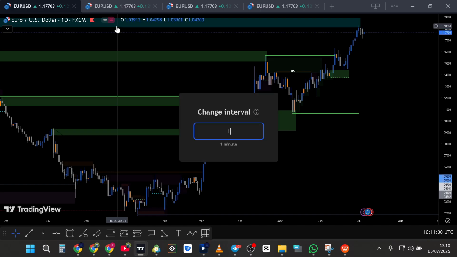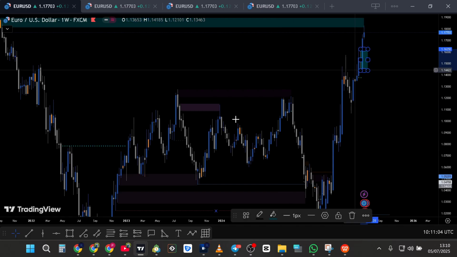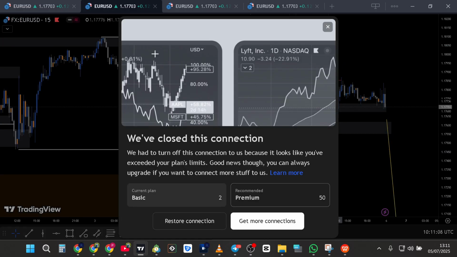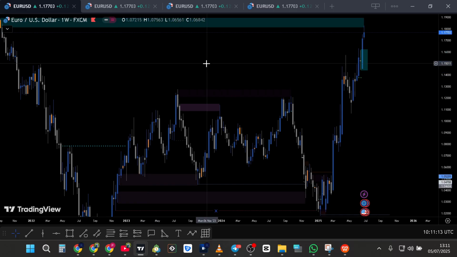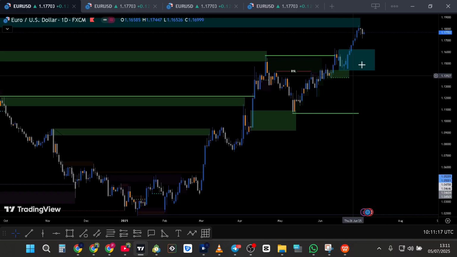Let me just go back to the weekly so we can see where the range of that pullback is. Let's place it visible to days. Sorry, that's 4 hour, that's 15 minutes. Let's place it to 1 day, like that. So that's where I'll be expecting my pullback to come to before maybe continuing to the upside.